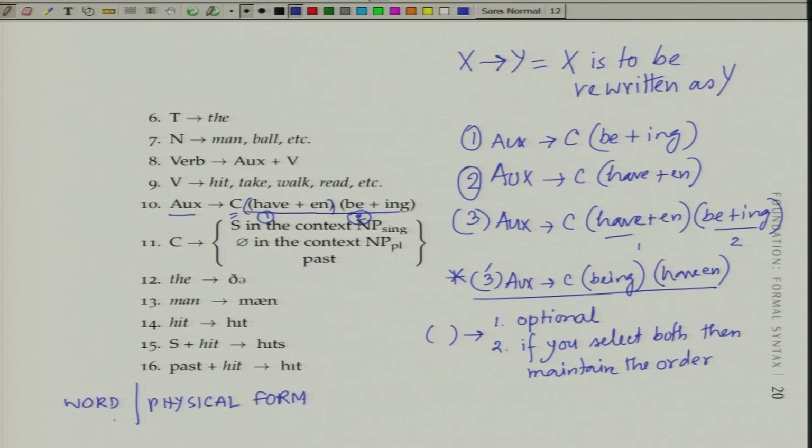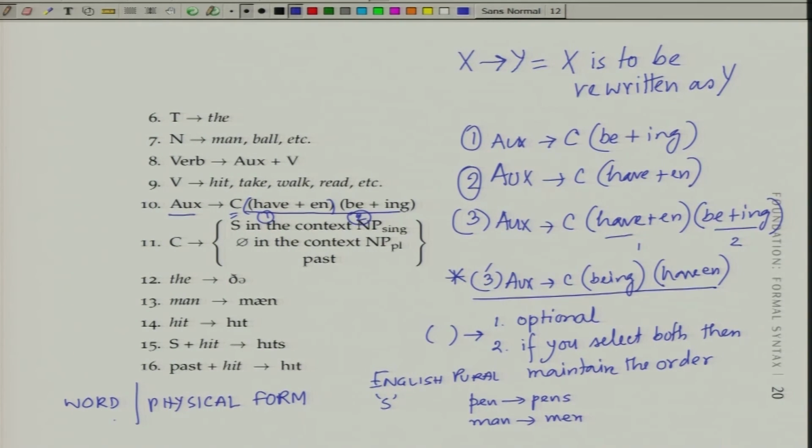It gets manifested, realized through speech sounds. Sometimes it gets realized through nothing. For example, we may consider the English plural S. So the S that makes pen, pens.